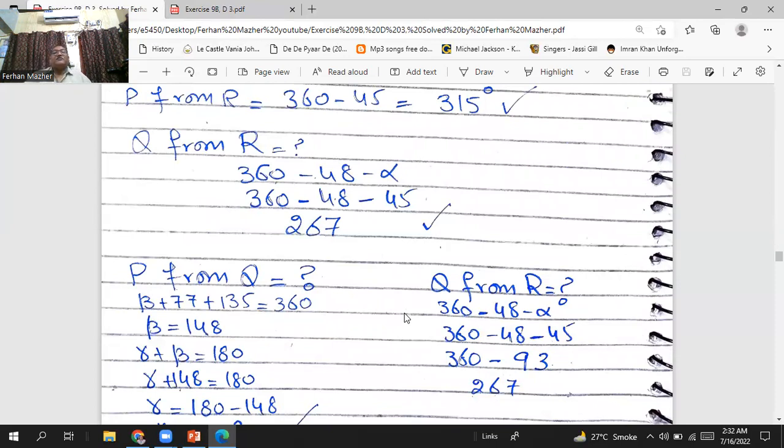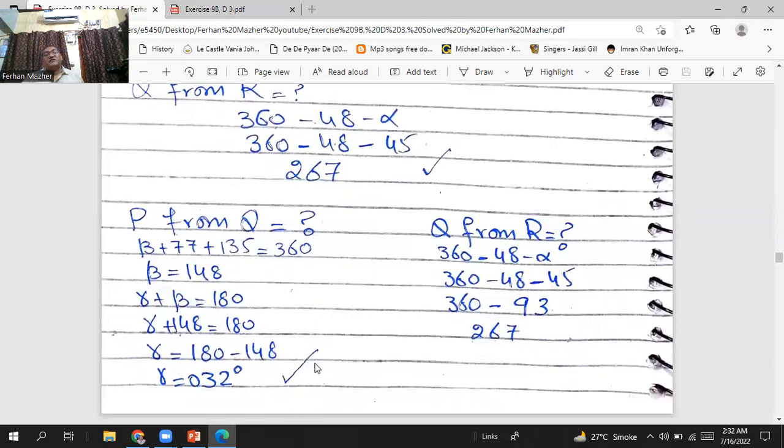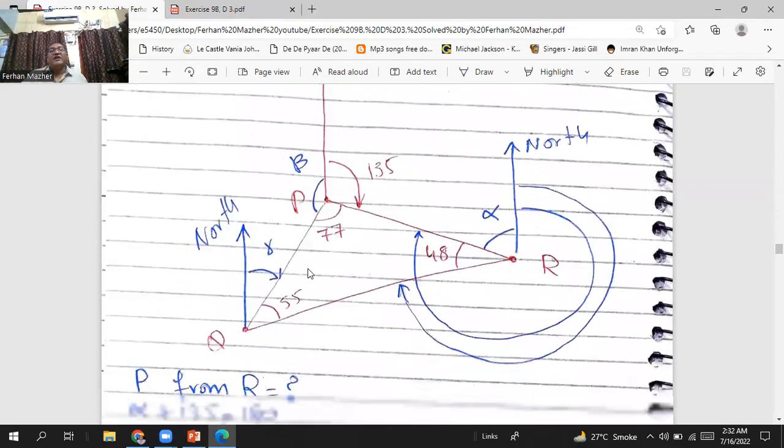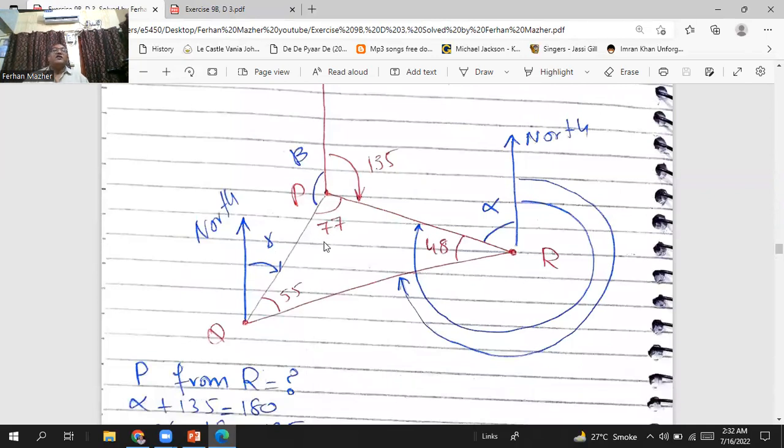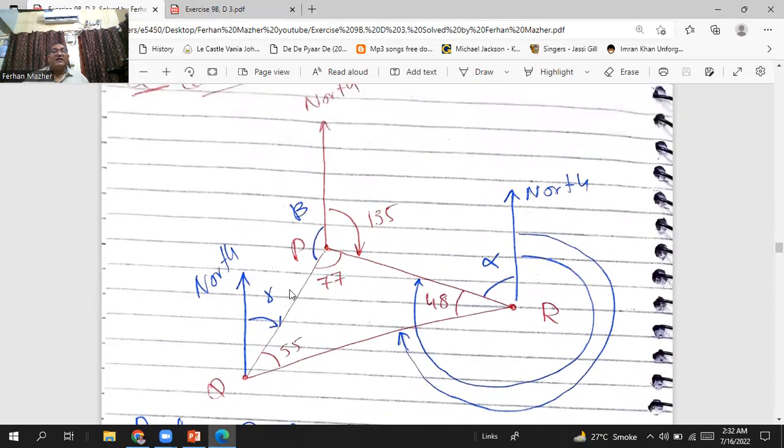Okay, so the next part is they want you to find out the value of the bearing of the P from the Q. The bearing of the P from the Q. Okay, so I know this internal angle, so I can find the beta. Once I know the beta, I can find this gamma.